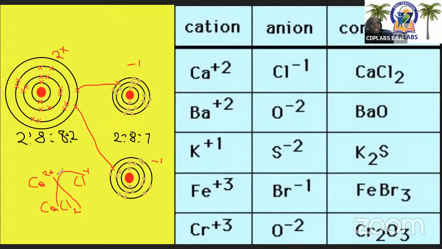So this positive 2 will mean that they need to give away 2. Negative 1, they need to gain 1. So what they did was to write them separately like this, put the charge at the top, put them together, and then they crisscross. 2 here, negative 1 right here. And the answer is calcium chloride, like that.